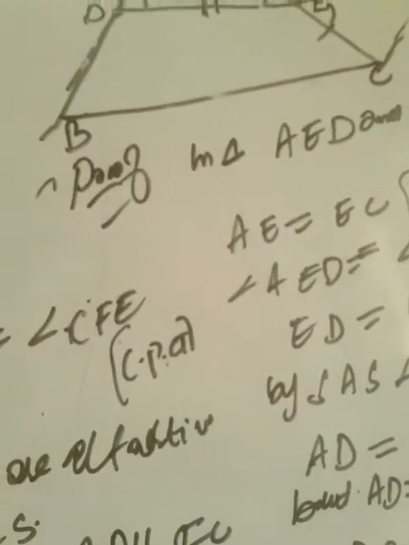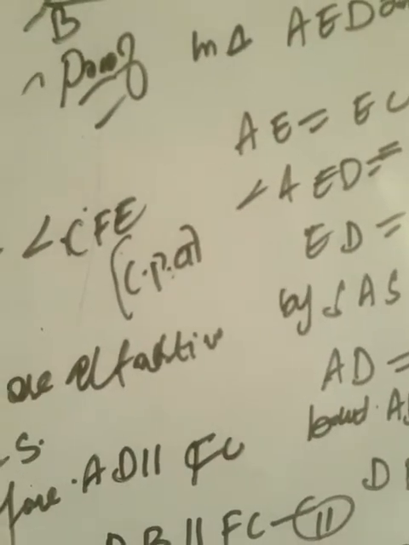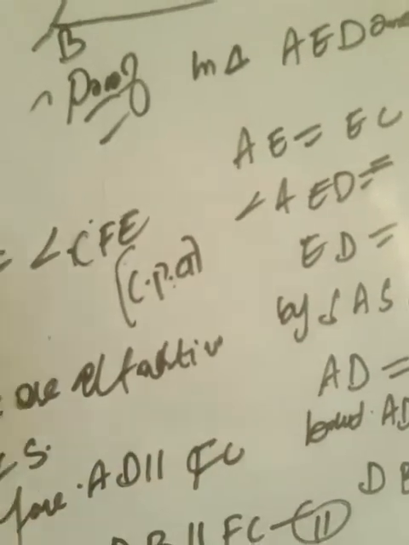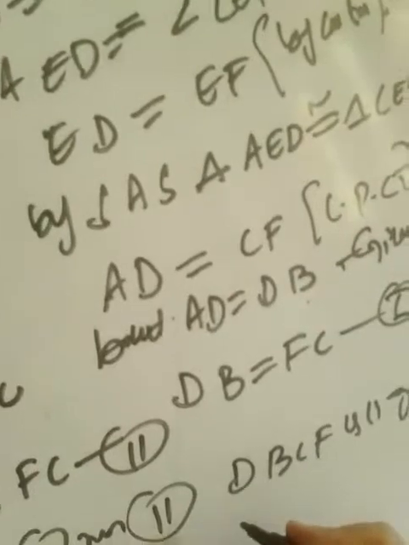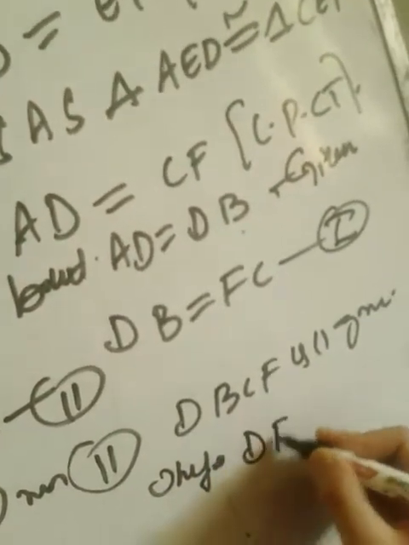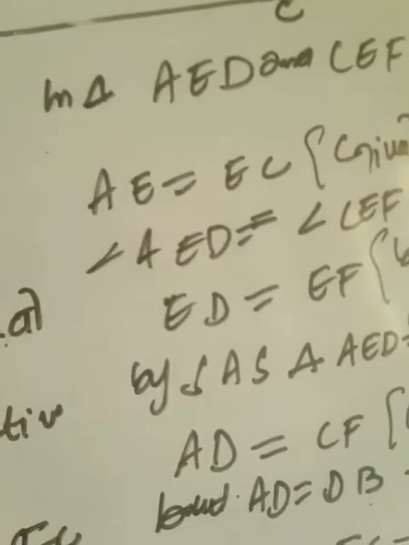If we have a parallelogram, then its opposite sides are equal as well as parallel, and opposite angles are also equal. Therefore, DF is parallel to BC. Why? Because opposite sides of a parallelogram are parallel.